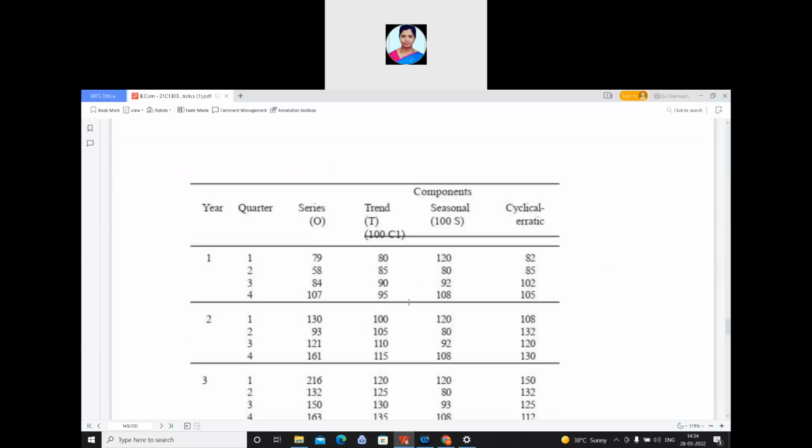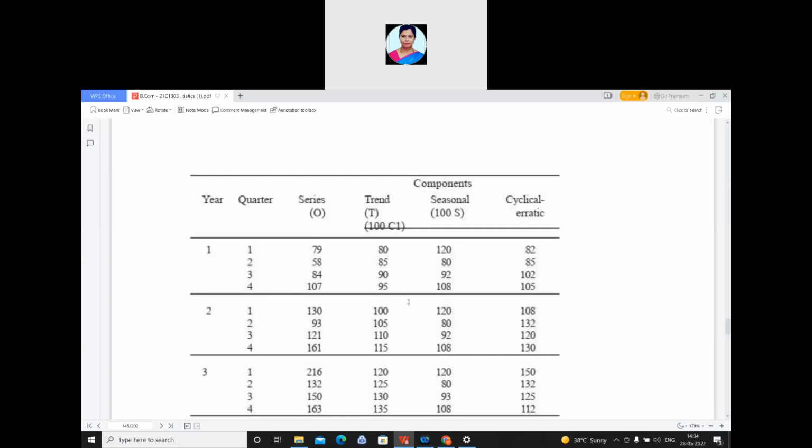We have it year-wise, divided into quarters: 1, 2, 3, 4. We have the observed series O, the trend T, the seasonal S, and then the cyclical C.